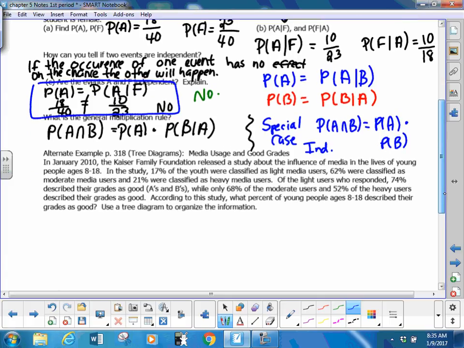So let me give you a second to read about tree diagrams. If you want to read over this, and then we'll put together a tree diagram.